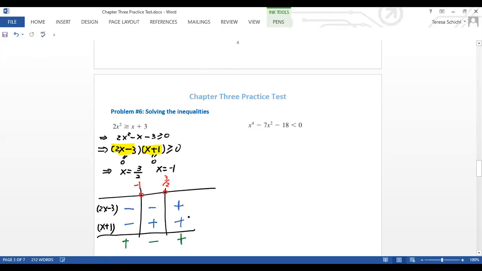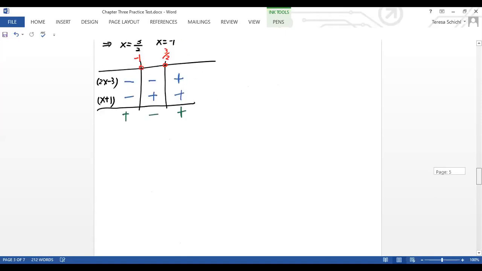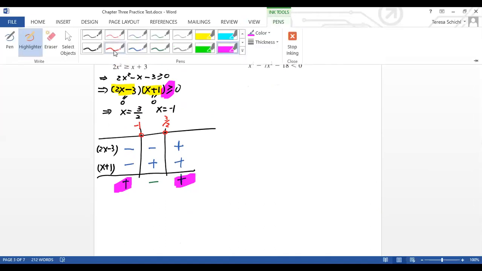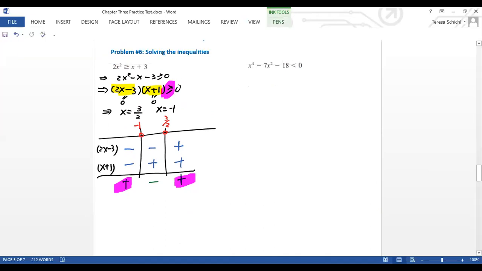You guys still remember what to do here from our lectures. Now you look at your initial inequality, which is greater than or equal to 0. So I choose the ones with the positive sign, and because it is also equal, I can write the solution.